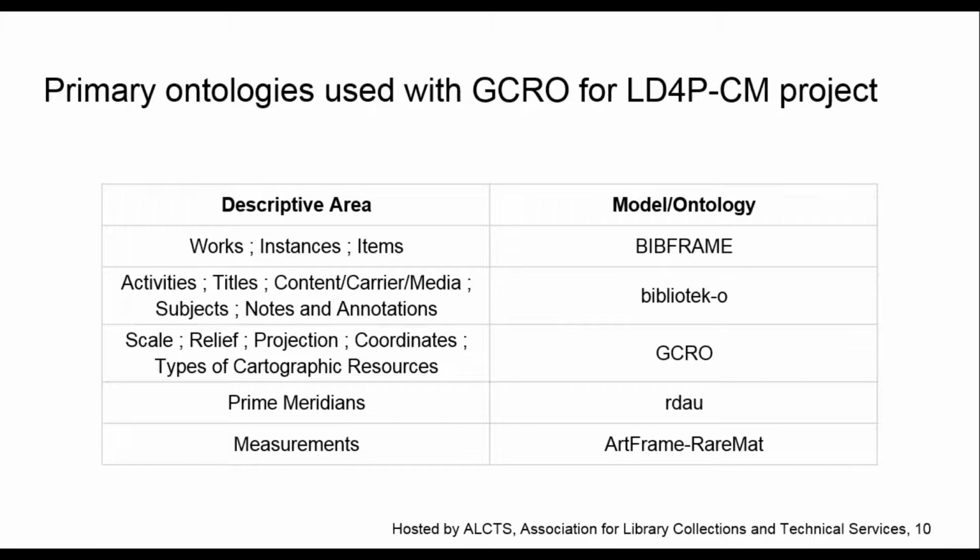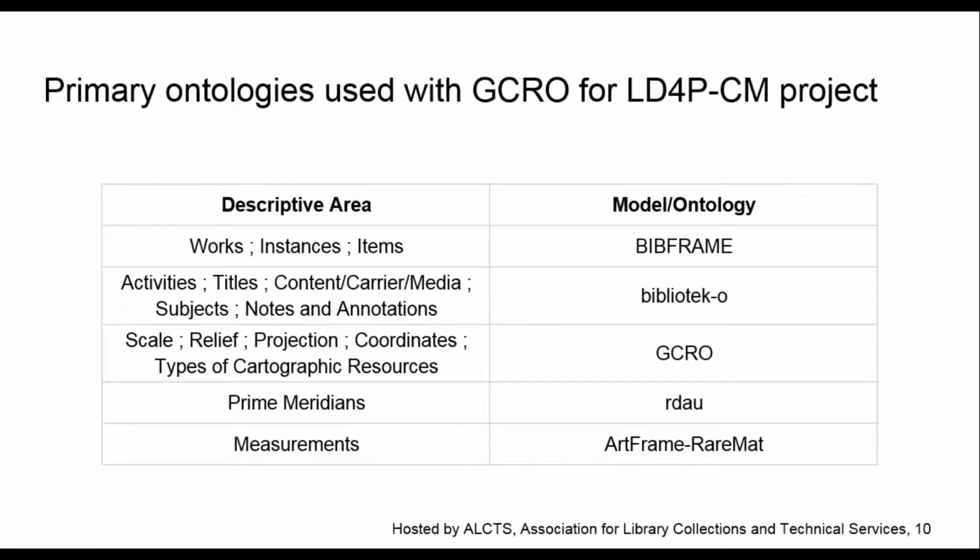So it's also not as simple as it appears here, as many of the models listed here often reuse parts of other models within their own ontologies. An example of that would be in Bibliotek's recommendations for notes and annotations. It actually blends the web annotations model with some BIBFRAME properties, as well as with some Bibliotek-defined annotation motivation individuals.